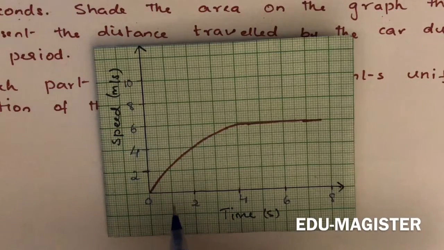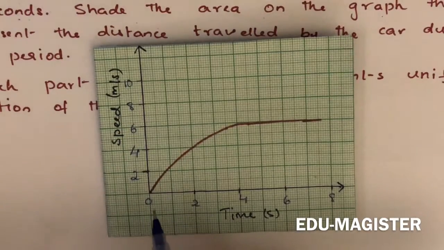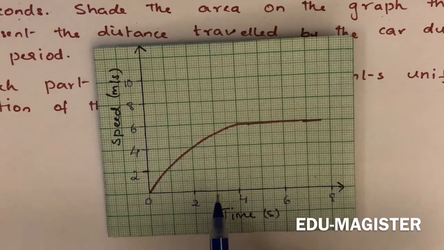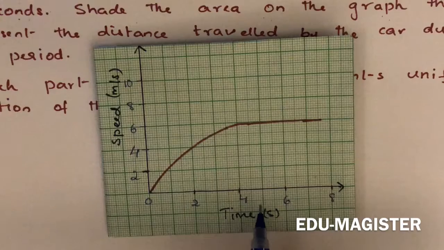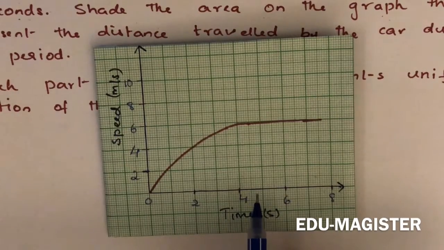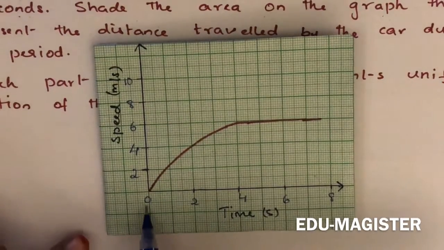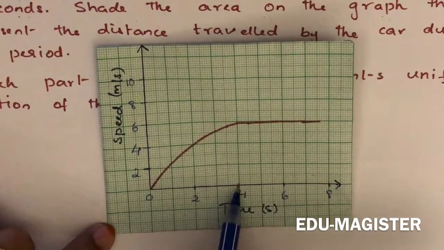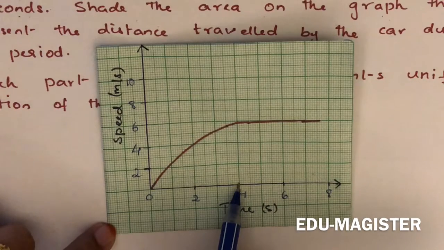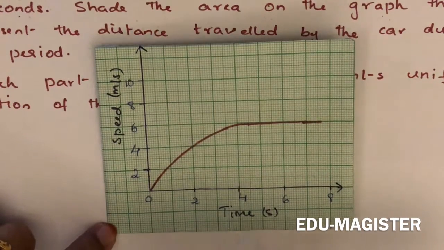So, we all know how to find distance from a speed time graph, that is the area under the graph of a speed time graph or a velocity time graph will give the distance covered, right. So, in the question they are asking us to find the distance travelled by the car in the first 4 seconds, that means in this time period. So, in this time how much the car has travelled, that is the question.